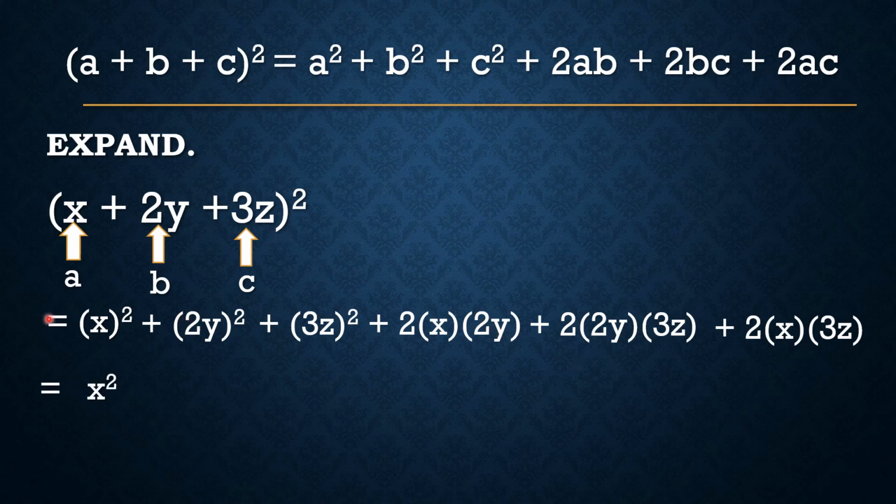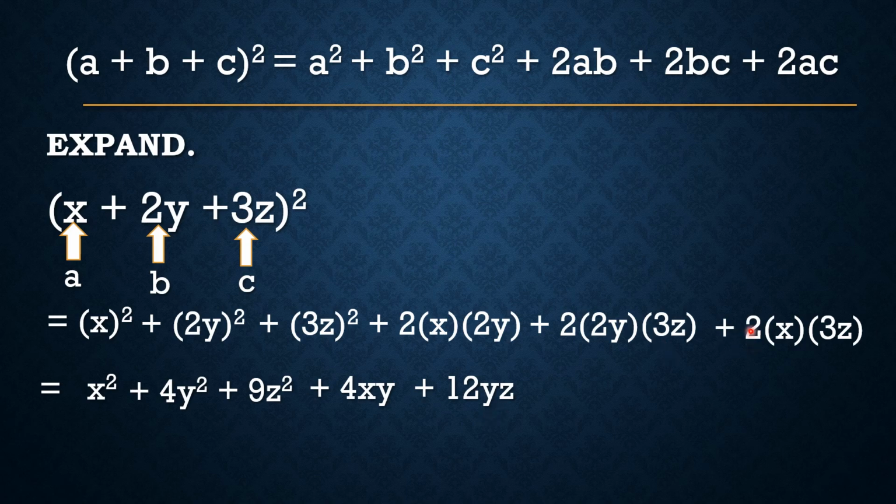By simplifying these expressions, we get x squared. So 2y squared means 2y times 2y, that is 4y squared. 3z times 3z, that gives us 9z squared. Then 2 times x times 2y, that is 4xy. 2 times 2y times 3z, that is 12yz.